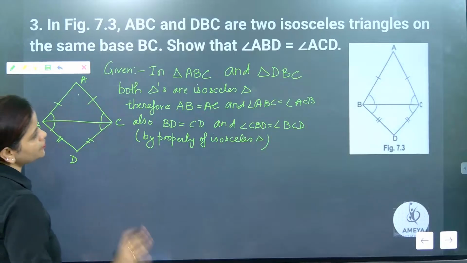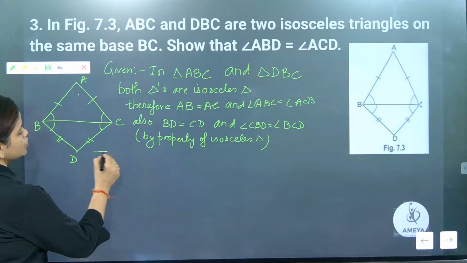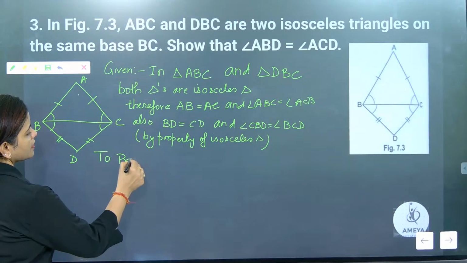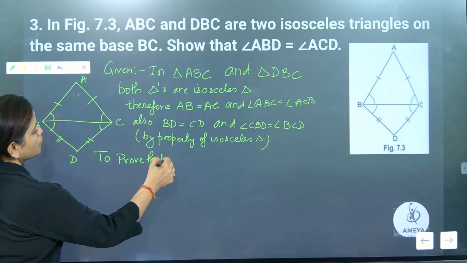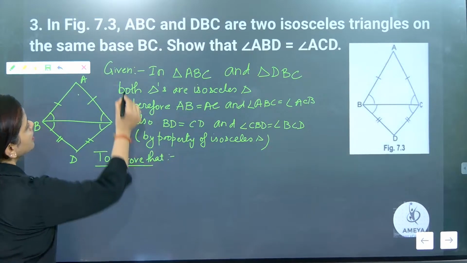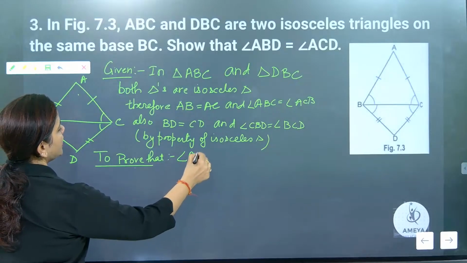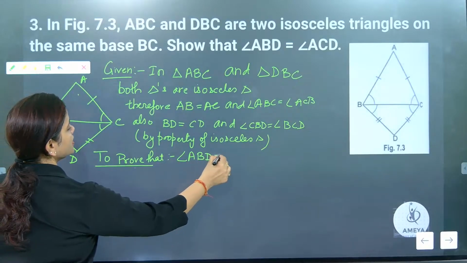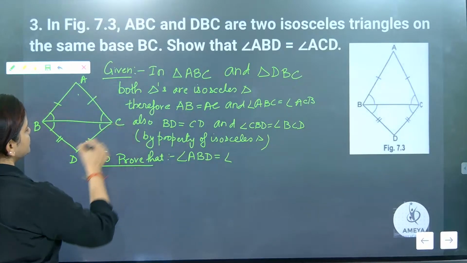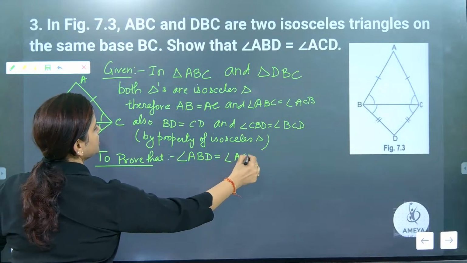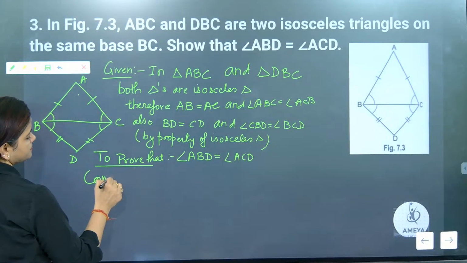Done. So this much we have done. Now they are asking what to show? To prove that, what we have to do? Angle ABD is equal to angle ACD. Here we need construction.